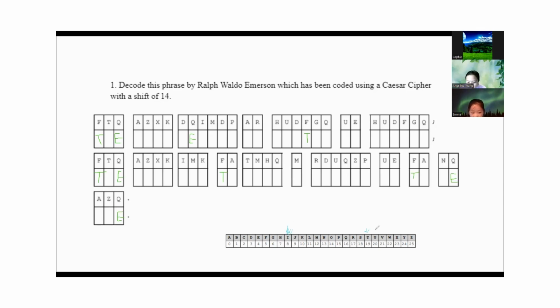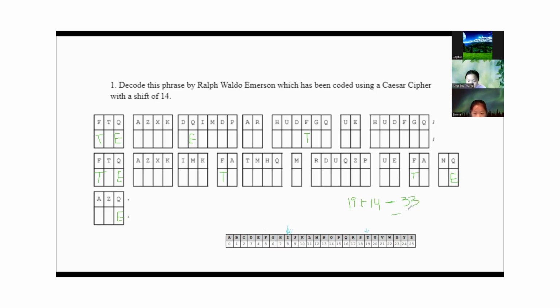Okay, it's fine. But if you count starting from the U, you have 1, 2, 3, 4, 5, 6, 7, 8, 9, 10, 11, 12, 13, 14. So that should be H. But also, you can do 19 plus 14, which is 33.